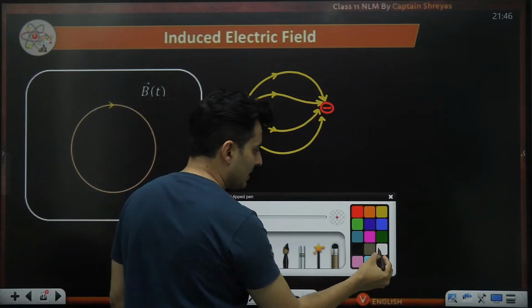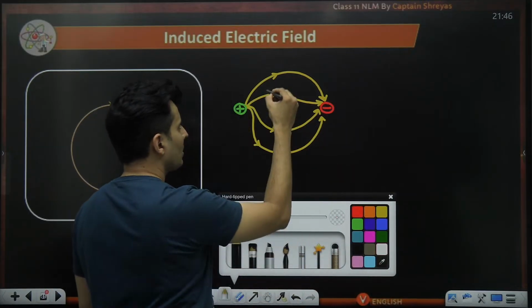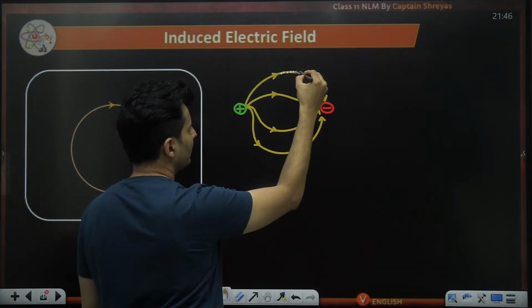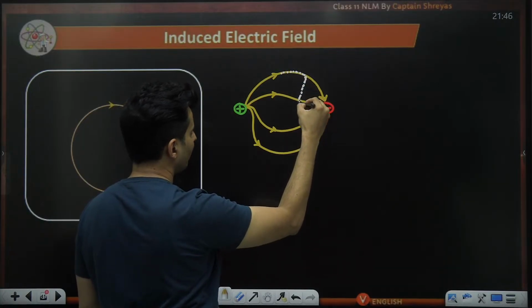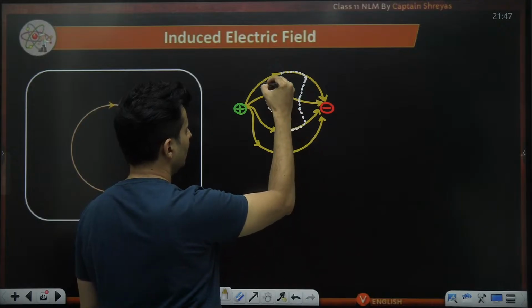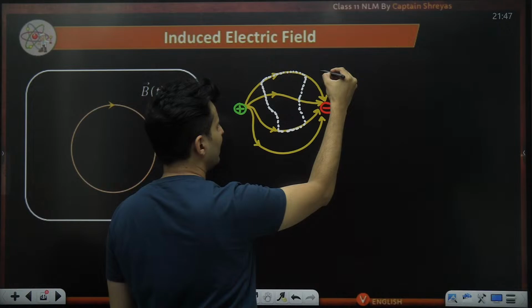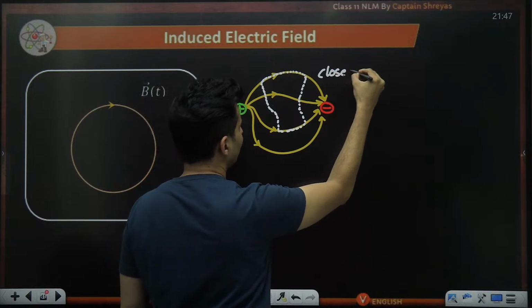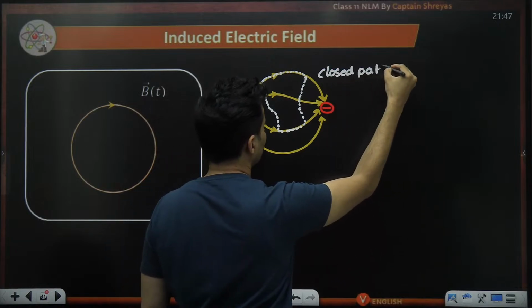Now, in such a scenario, imagine you start from this point, you go like this, and you come like this, and you again come back over here. So imagine you go along a closed path.